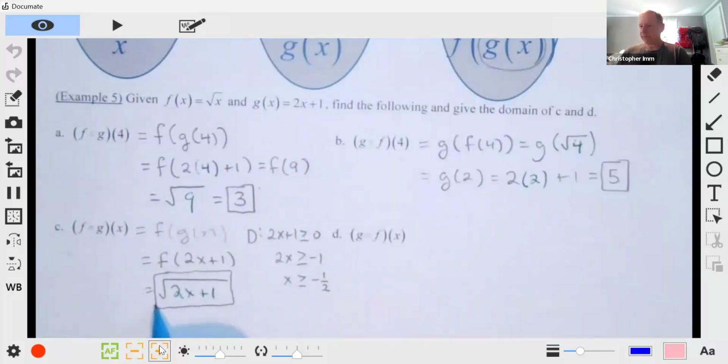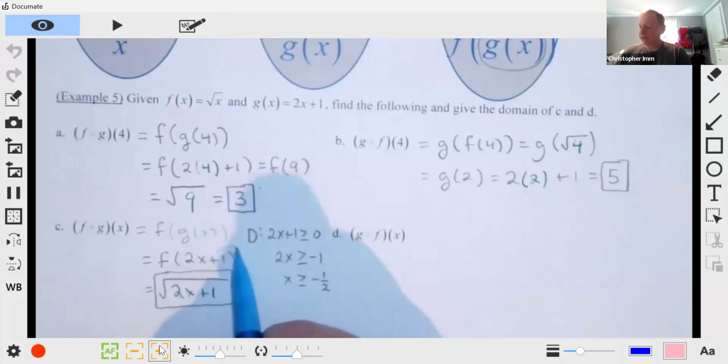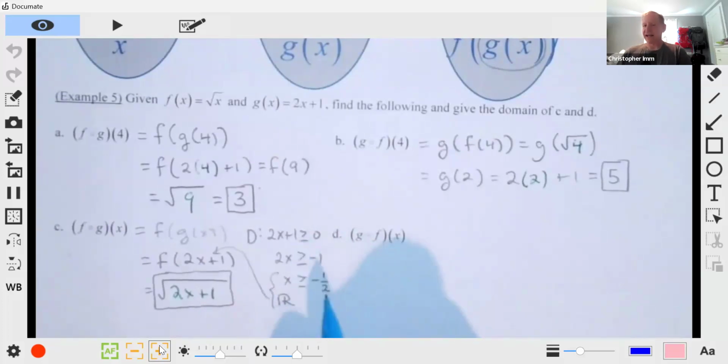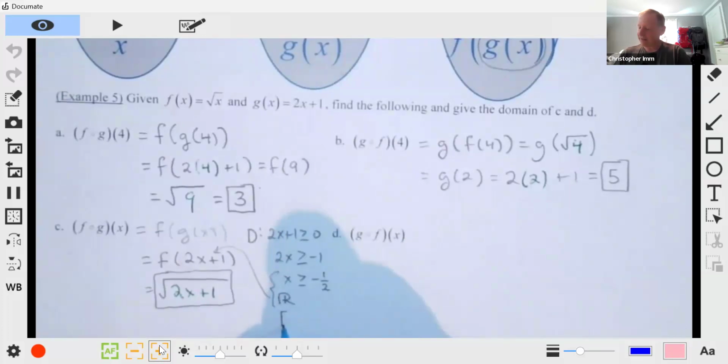But remember, with composition, I have to intersect that with the domain of my input. The domain of my input is going to be all real numbers because it's just linear. So what I have in common with all real numbers and x is greater than -1/2 is just that x is greater than or equal to -1/2. So my domain is going to be -1/2 to infinity.